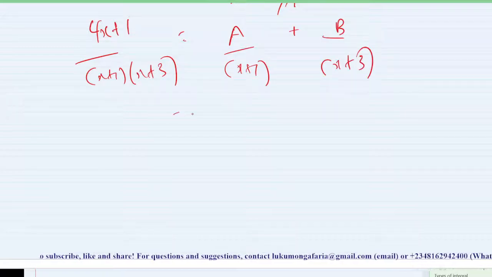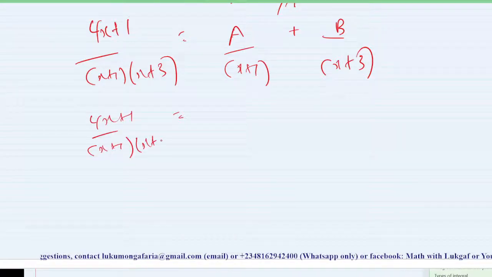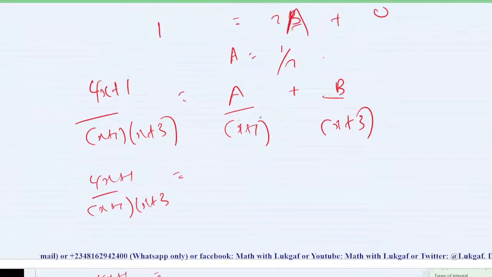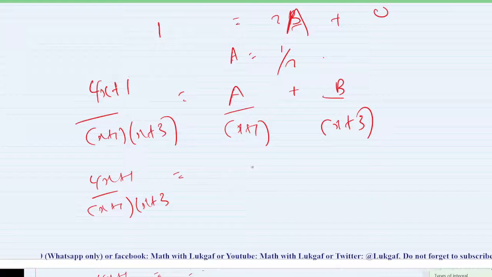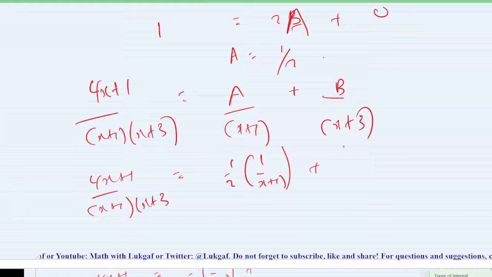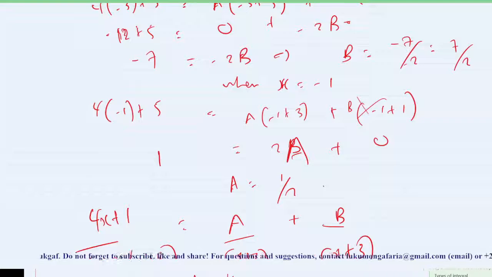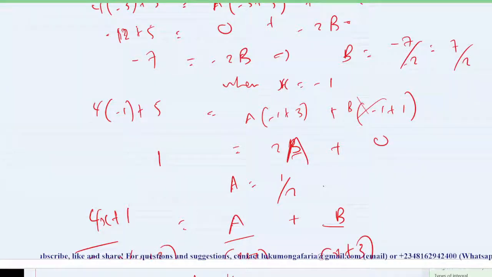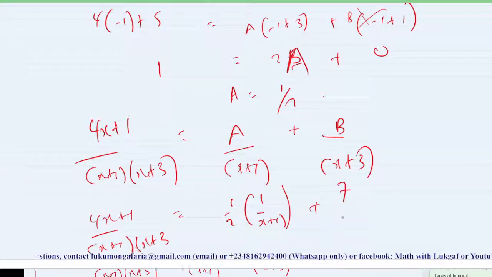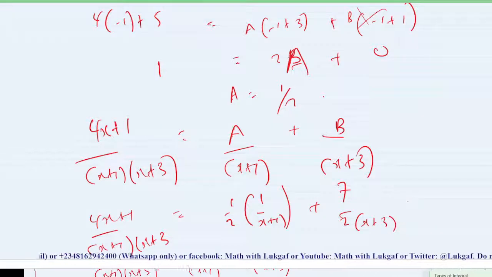Now I know the value of a. You know a is what? 1 divided by 2, divided by x plus 1, right? Then what did we obtain for our b? Our b was 7 over 2 here. And this will also give me 7 divided by 2 over x plus 3. You understand?